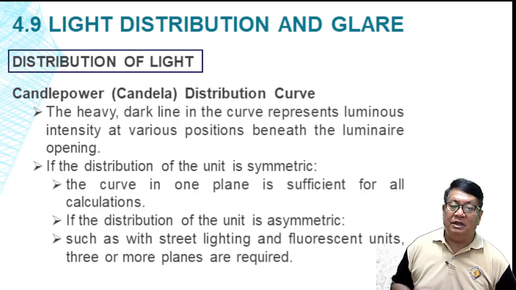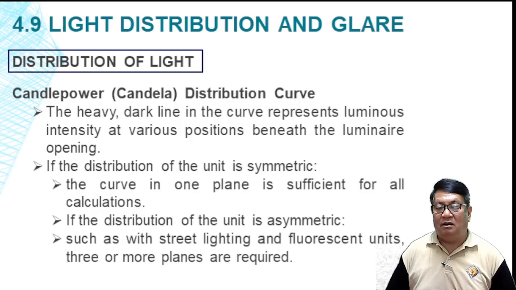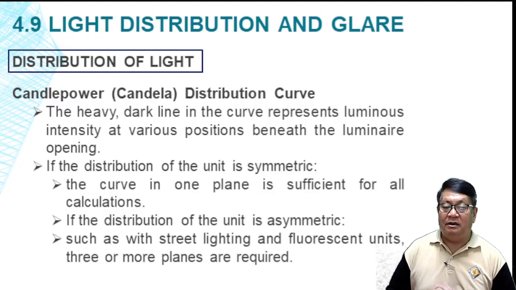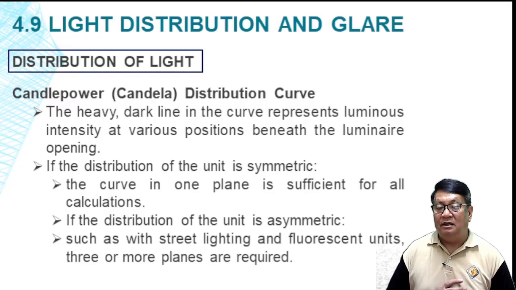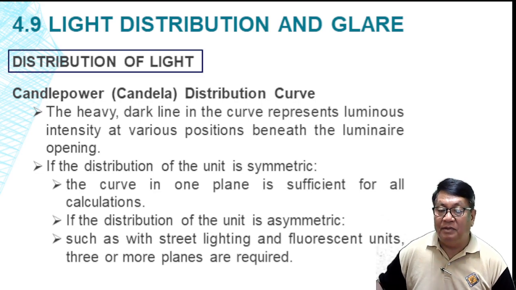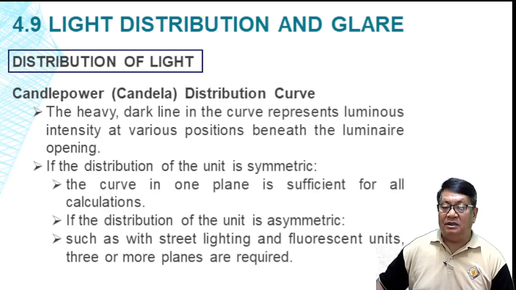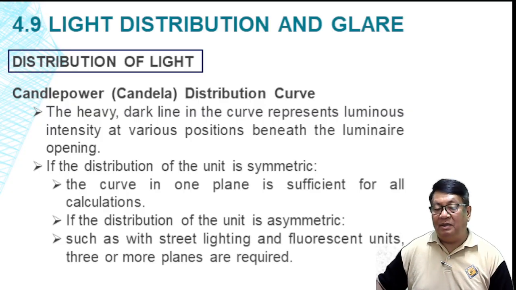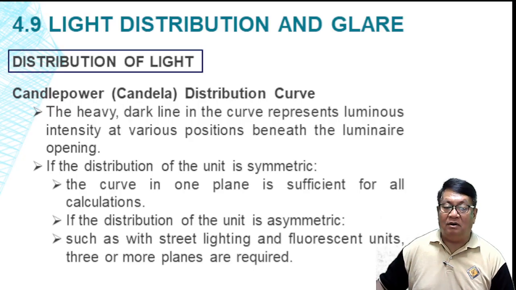Then we have this distribution of light, the candle power distribution curve. It is a heavy dark line, and the curve represents luminous intensity at various positions around the luminaire opening. If the distribution of the unit is symmetrical, the curve in one plane is sufficient for all calculations.